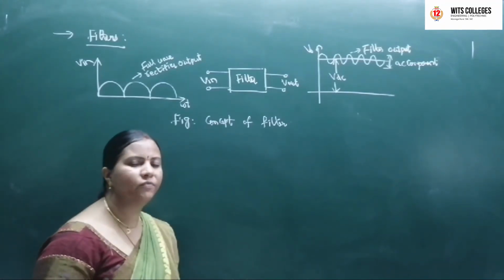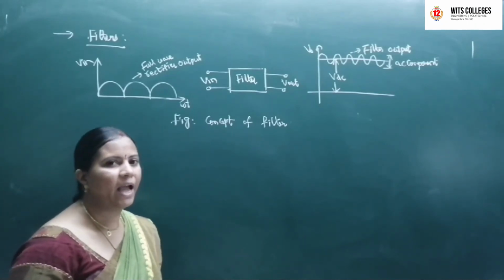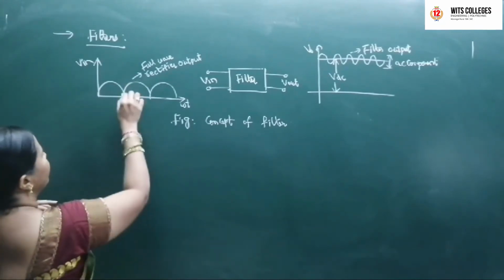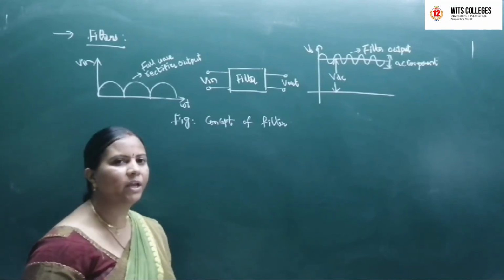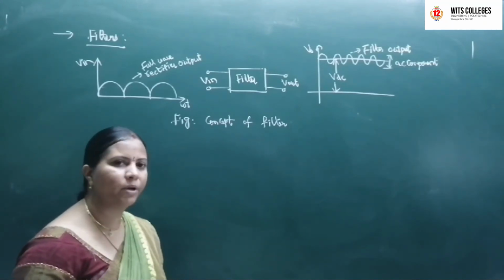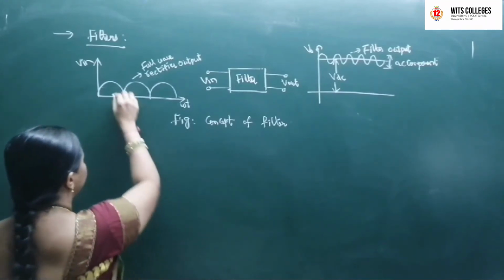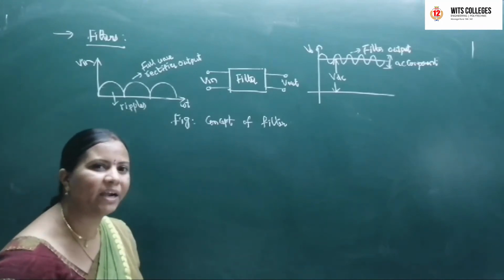So coming to the filter. What is a filter? This is the full wave rectifier output. It is having AC components and DC components. This is the input for the filter.